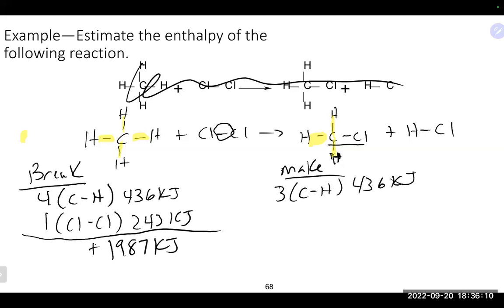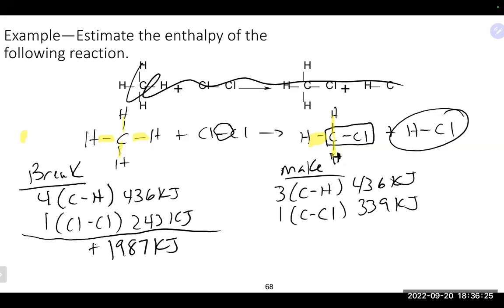We're also going to make 1 carbon-chlorine single bond at 339 kilojoules. And we need to make 1 hydrogen-chlorine single bond at 431 kilojoules, right?